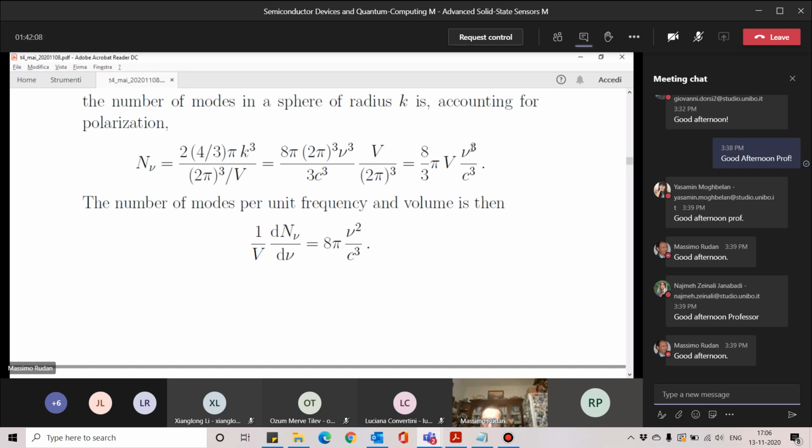And then we want it per unit volume, so we divide by the volume of the box. So in conclusion, the first part of the calculation is relatively easy. The number of modes per unit frequency and volume is 8 pi n squared divided by the cube of the speed of light.